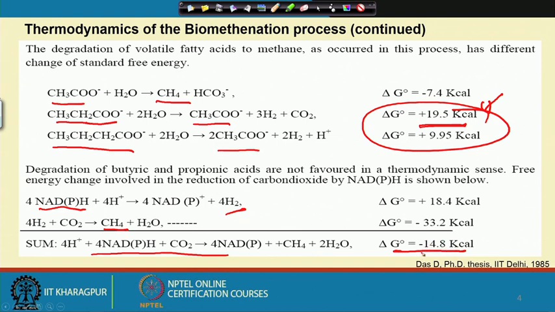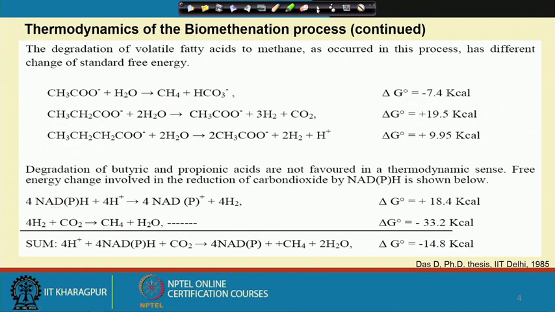If you compare this with the previous result, you will find this reaction is favorable compared to that reaction. This is how we can thermodynamically determine which reaction is favorable and which is unfavorable.